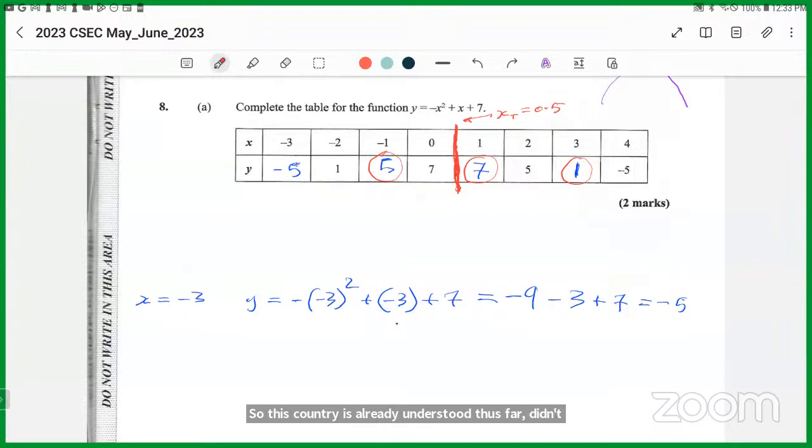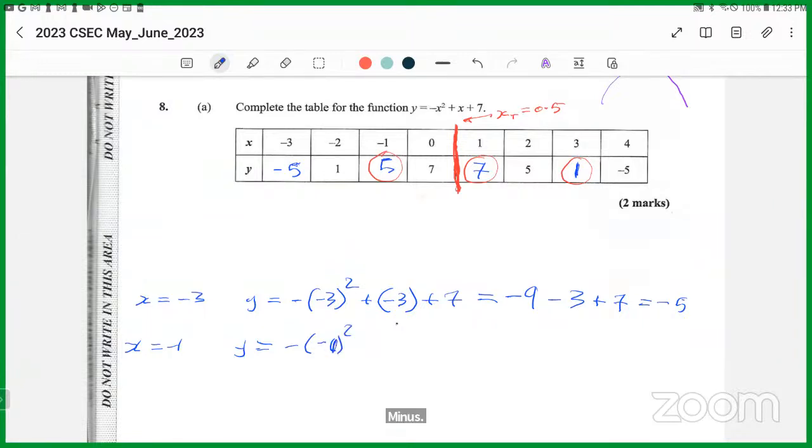So when x equals negative 1 right here, y becomes equal to minus negative 1 squared plus negative 1 plus 7.